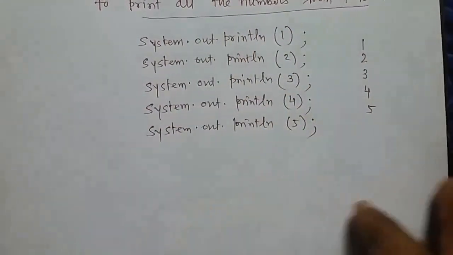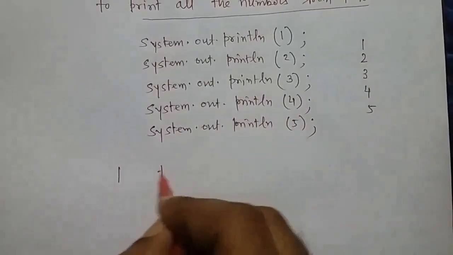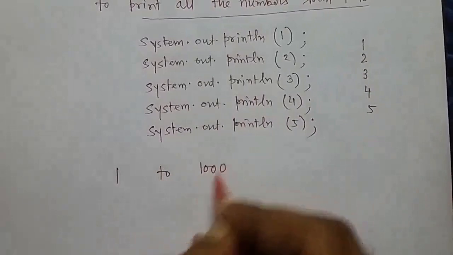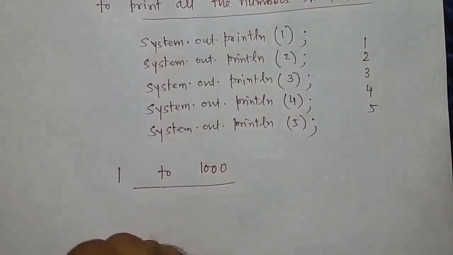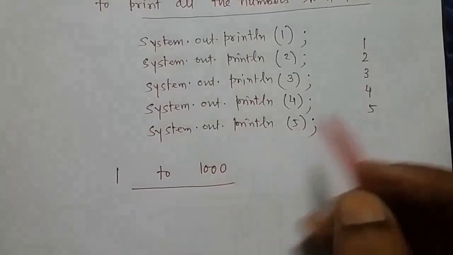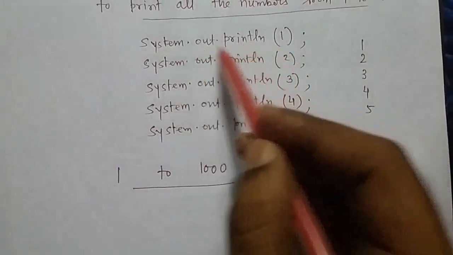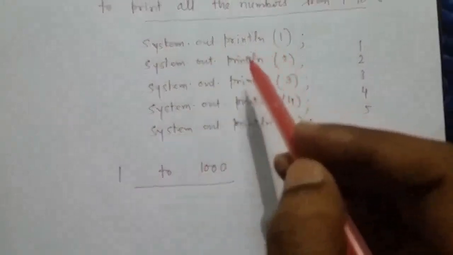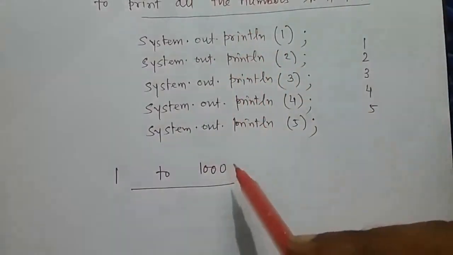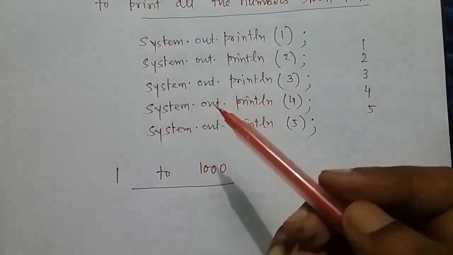But if you are asked to print all the natural numbers from 1 to 1000, will it be possible for you? Yes, obviously it is possible. But if you follow this way, sequentially, if you want to write the System.out.println statement 1000 times, it will be extremely difficult for you.